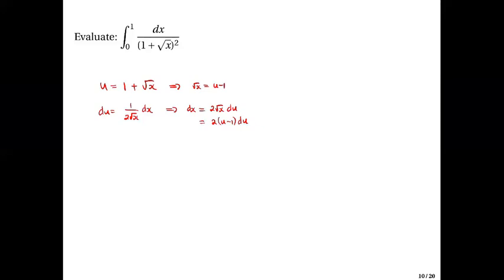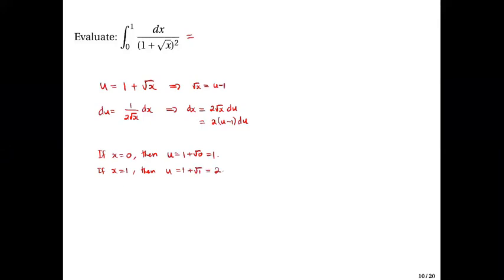Therefore, let us get the new limits of integration, by the way. If x equals 0, then u equals 1 plus square root of 0. This is just 1. If x equals 1, then u equals 1 plus square root of 1.